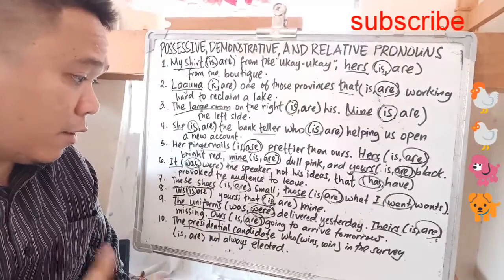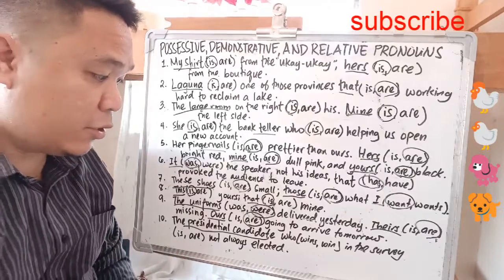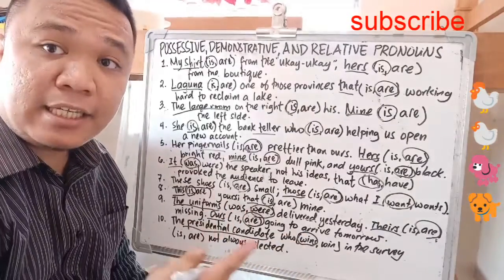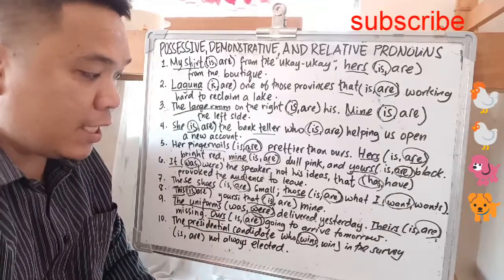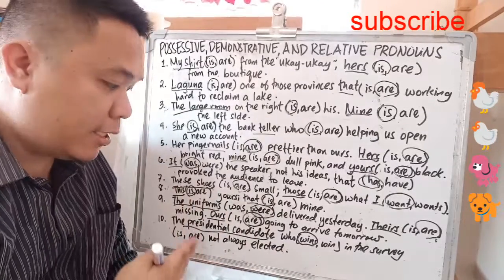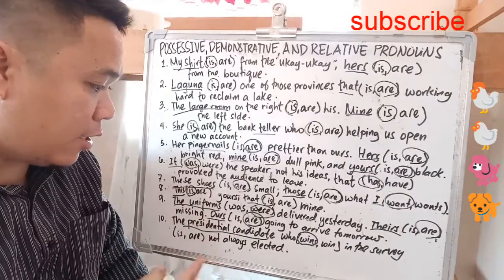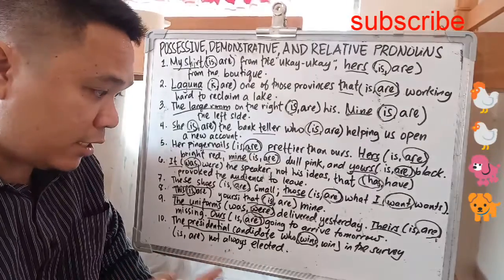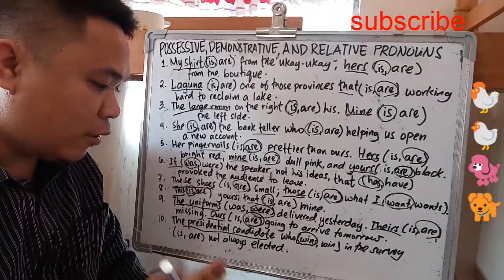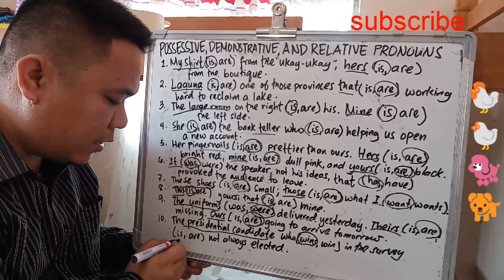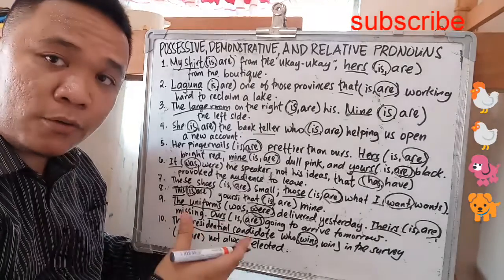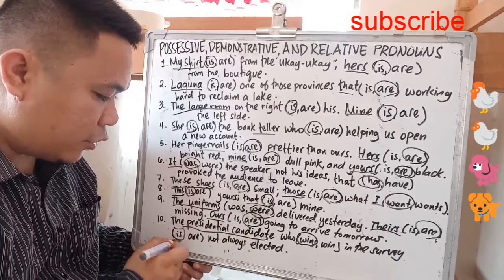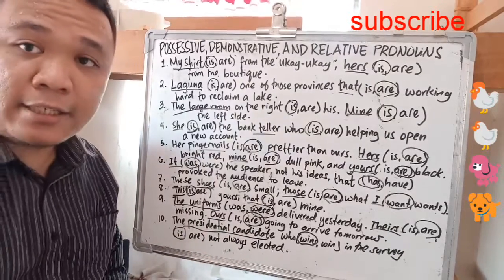So our verb is wins, because it is in the present form of the verb, referring to the singular subject, the presidential candidate who wins in the survey is not always elected. So we always go back to the subject that is singular.